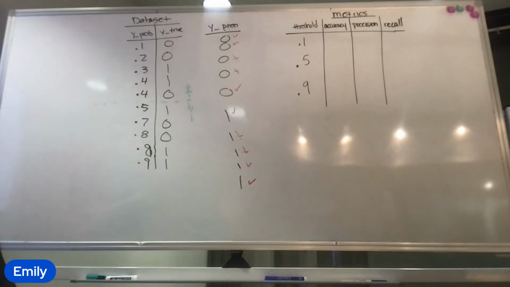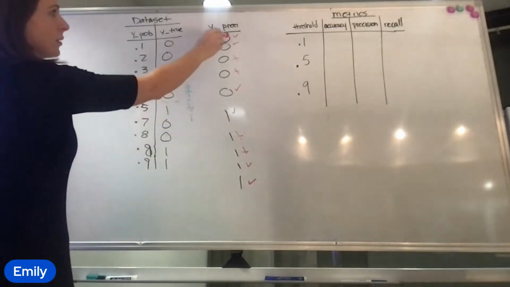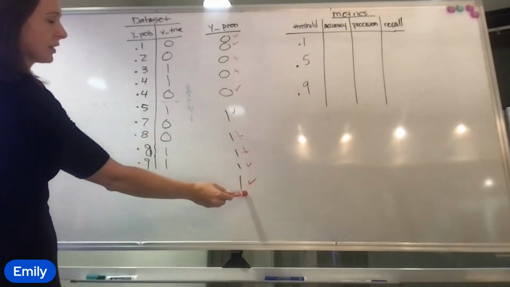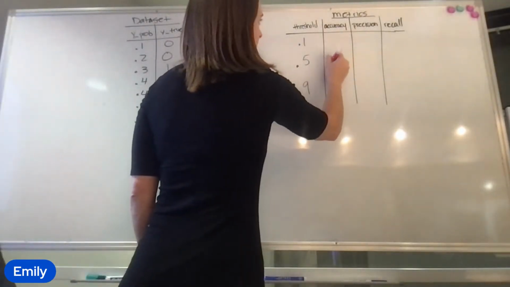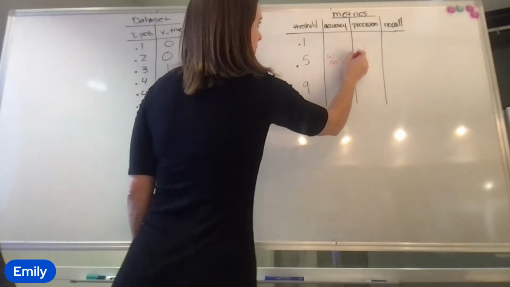Is the accuracy 55% or 60%? It's a little above half. Yep, 1, 2, 3, 4, 5, 6. Yep, 60%, you got it. So we got 6 out of 10, which equals 60%.